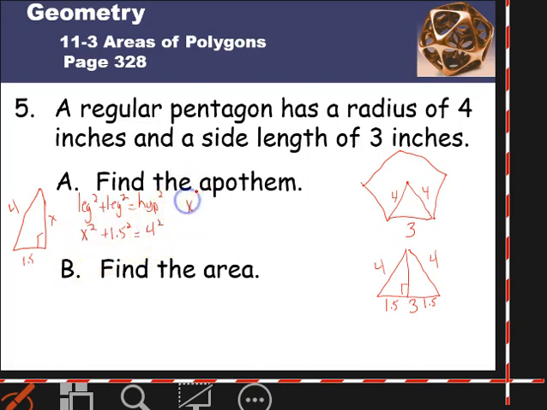So I get x squared plus 2.25, since 1.5 squared is 2.25, and that equals 16. Then I could subtract 2.25. I get x squared equals 16 minus 2.25, and I get 13.75.